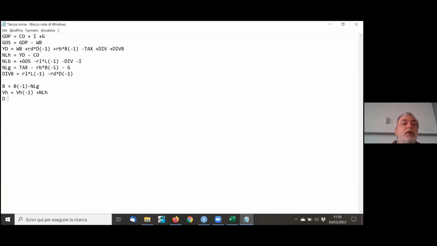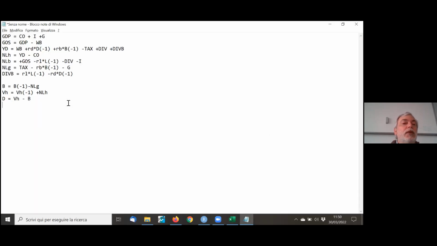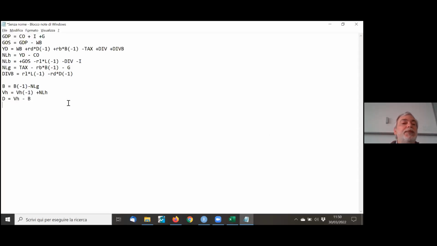So the deposits can be obtained by the difference between the total wealth and the stock of bonds. Now the accounting of the model implies that the stock of loans must be equal to the stock of deposits. We could put it explicitly in this way, but not necessarily.